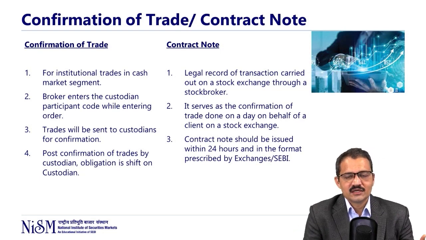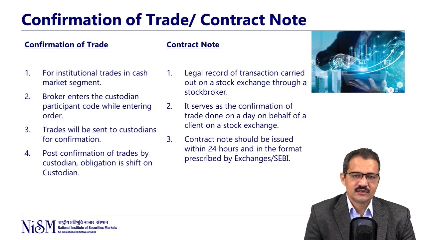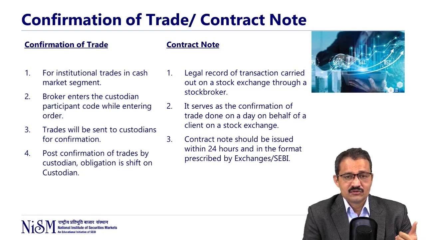While issuing a contract note, there are certain guidelines which need to be followed by the trading member. It has to be issued within 24 hours. He can issue a physical contract note, or an electronic contract note with a digital signature. If it is a physical contract note, then counter confirmation from the investor is mandatory.